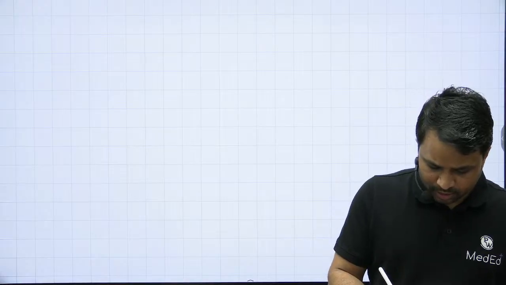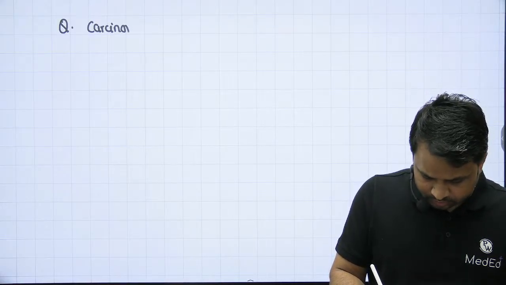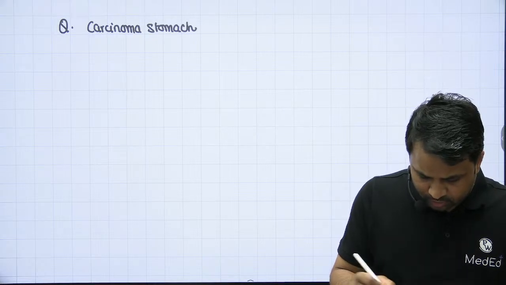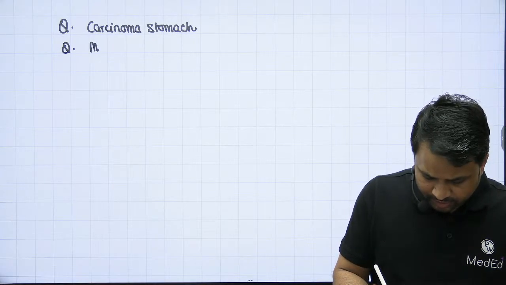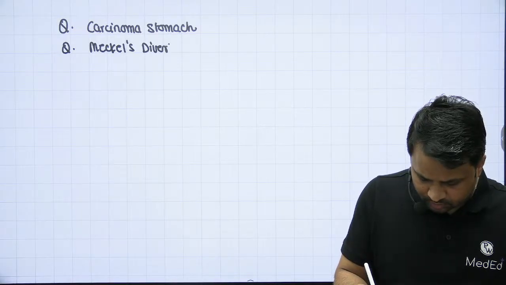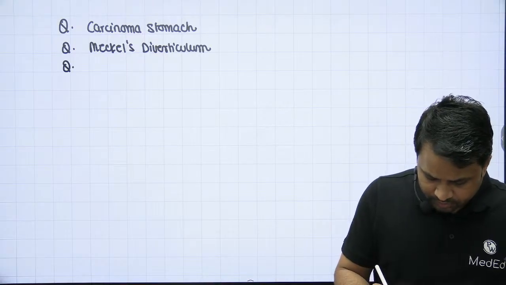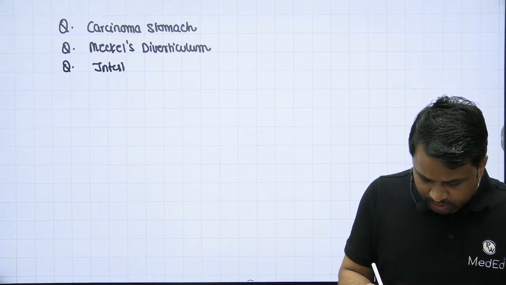When you look at the questions, number one was carcinoma stomach. Then it was Meckel's diverticulum. Intestinal obstruction.